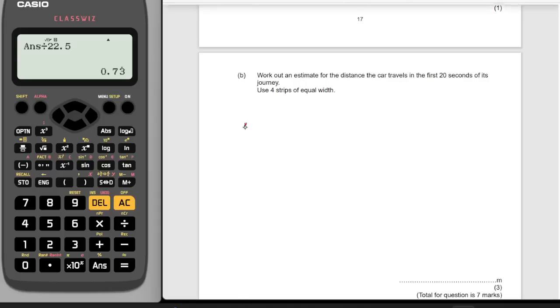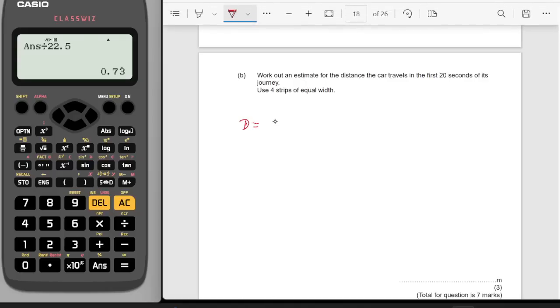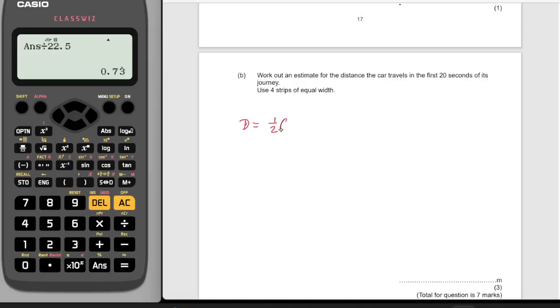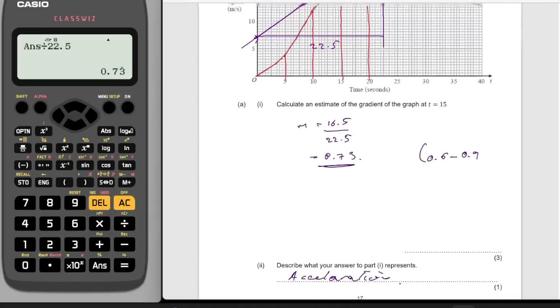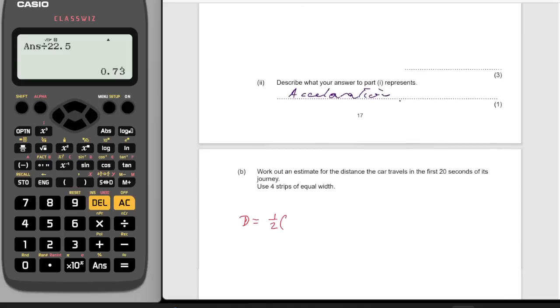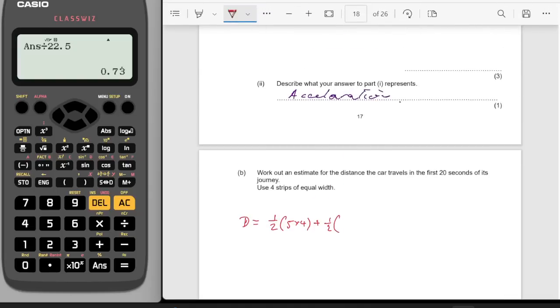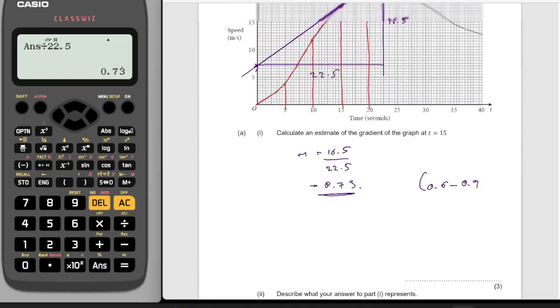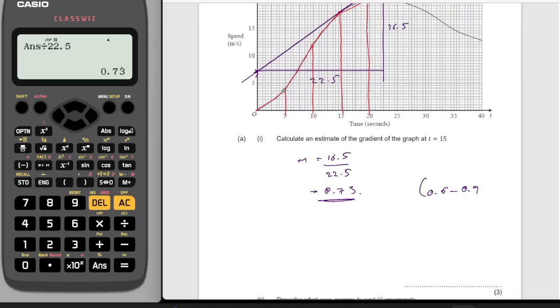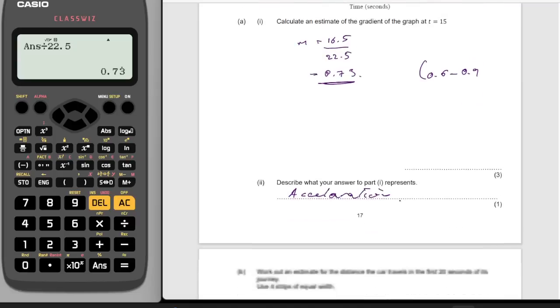So distance is going to be equal to the first triangle, which is a half of A times B. So we're looking at 5 times by 4 plus a half of, and then we need to find these two values. So we're looking at 4 and 12.